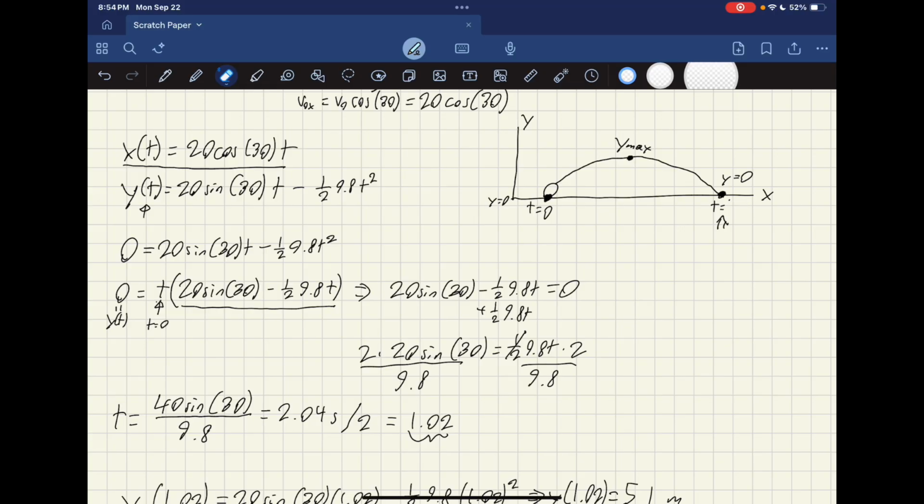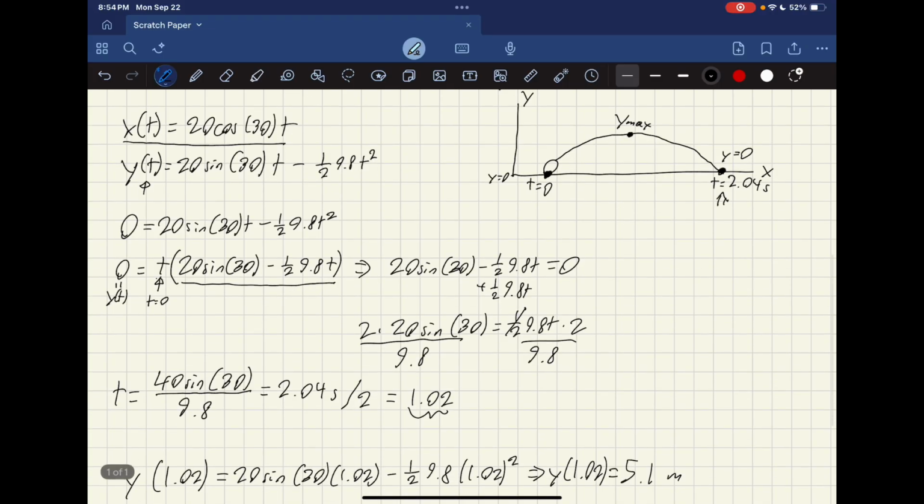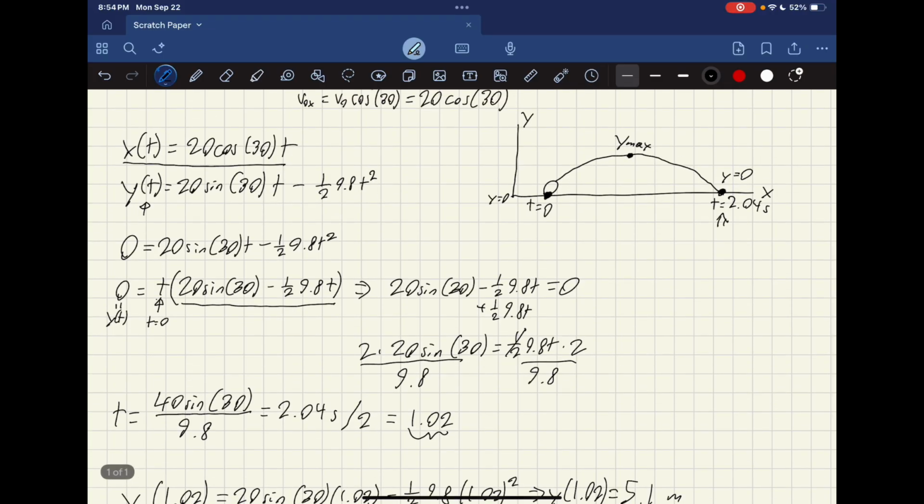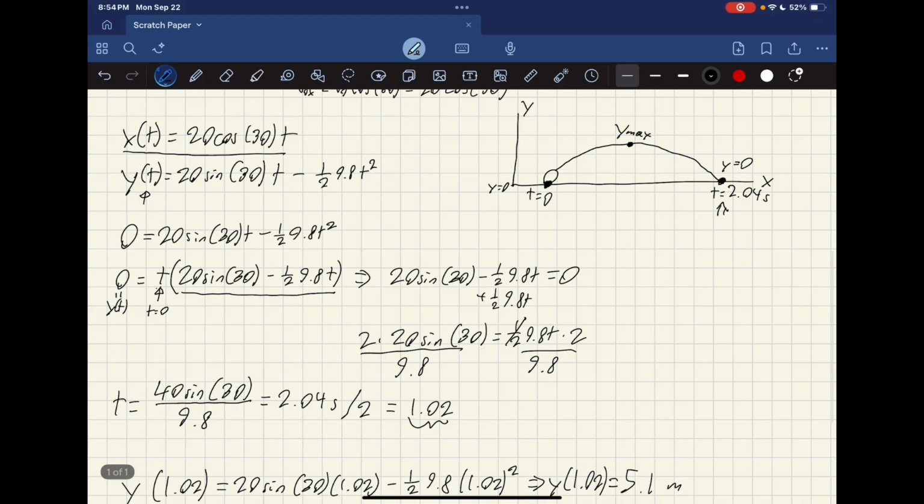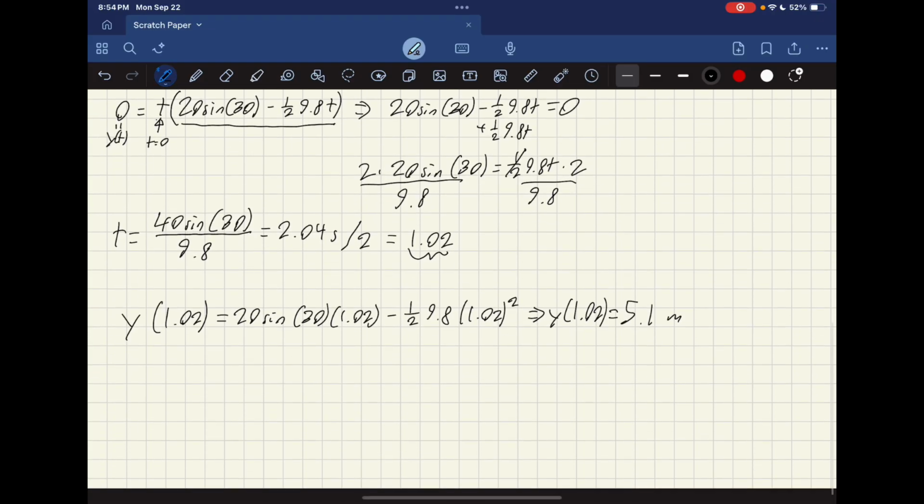And we found earlier that the time at this point is 2.04 seconds. So we can plug that into the x of t equation we derived earlier, which is 20 cosine 30 times time. So we can do x of 2.04 equals 20 cosine of 30 times 2.04.